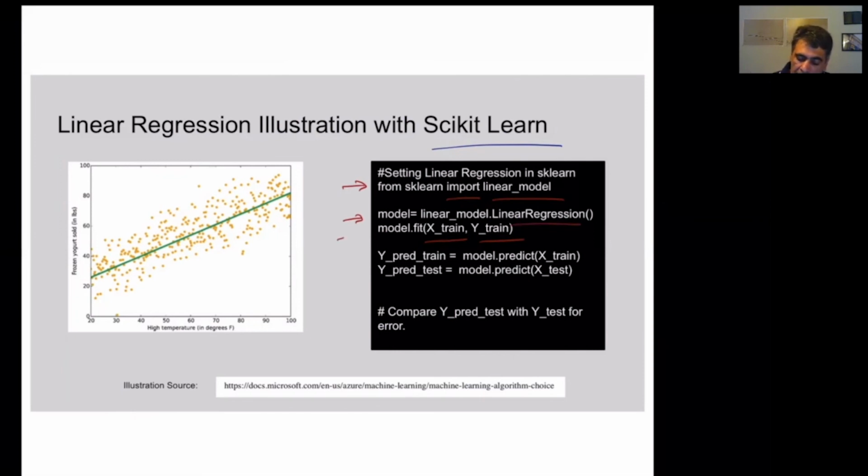And this next line is really where we train it. And we're going to use the fit method. Now, let's just think about what's going on. We have lots of data, and all these yellow points represent the values that are in X train and Y train. So that's all your data.